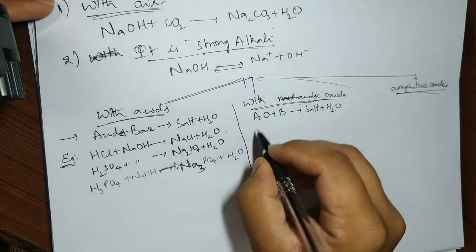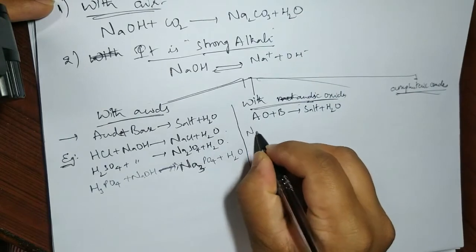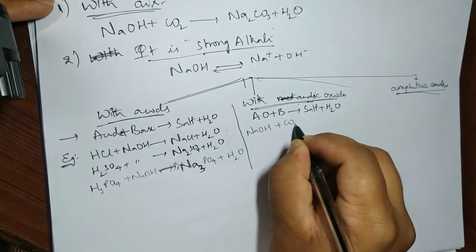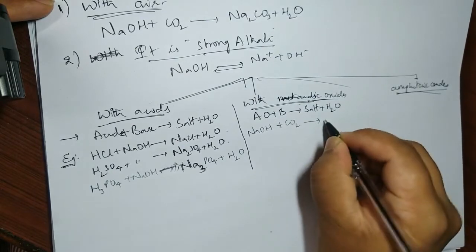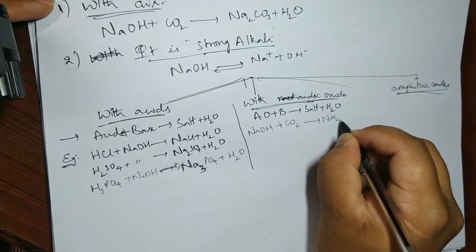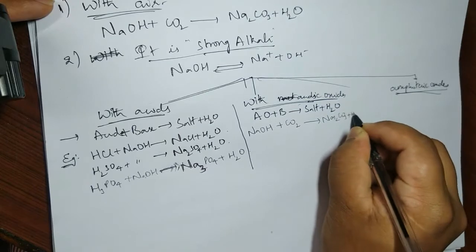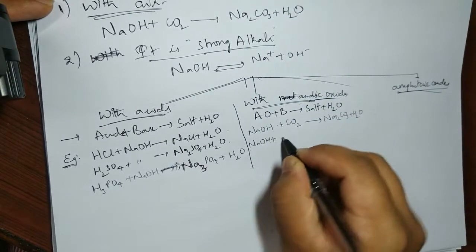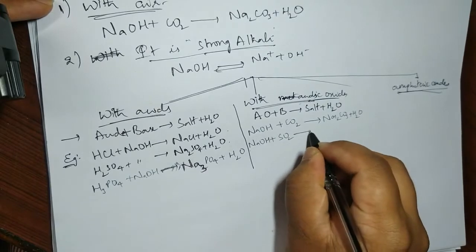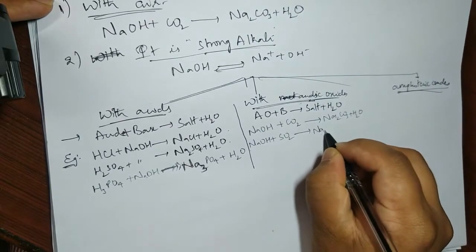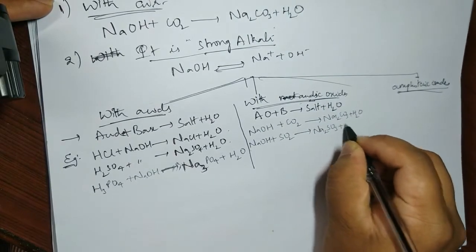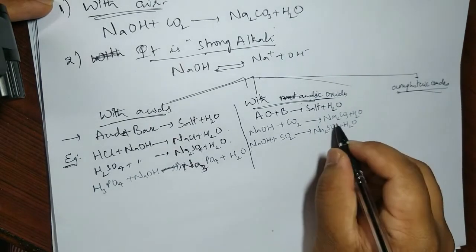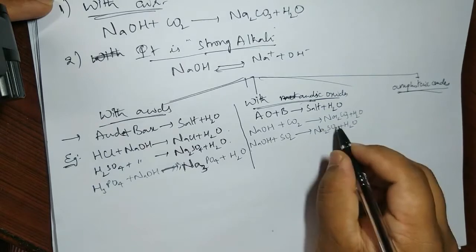For example, if I treat NaOH with carbon dioxide, it forms sodium carbonate, Na2CO3, plus water. Suppose I treat NaOH with sulfur dioxide, it forms Na2SO3 plus water. Mind it, here it is not sodium sulfate, it is sodium sulfite.